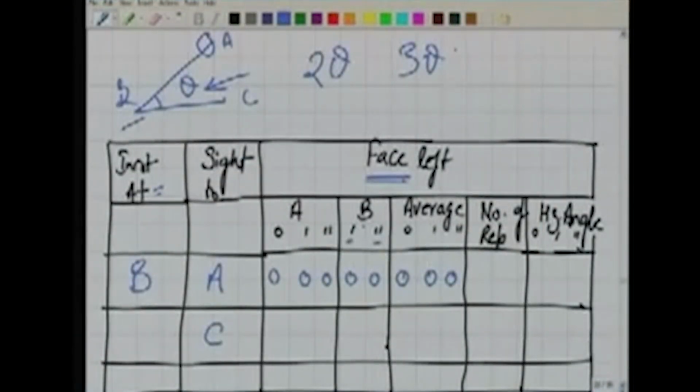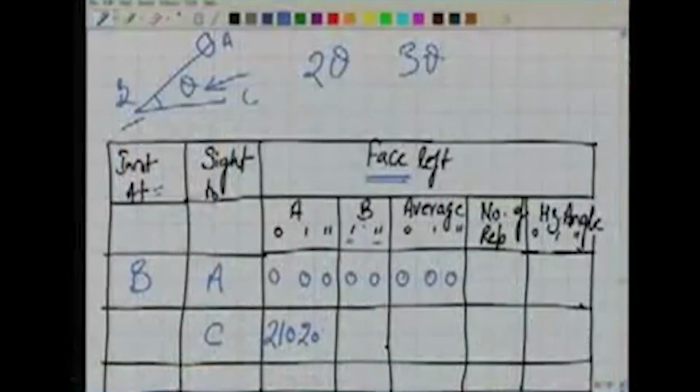So finally, depending how many repetitions I have done, I write the final value of the angle here. Let's say the final value is 210, 20 and 40. That means 210 degrees, 20 minutes and 40 seconds. And similarly for the other vernier may be 19 and 20.